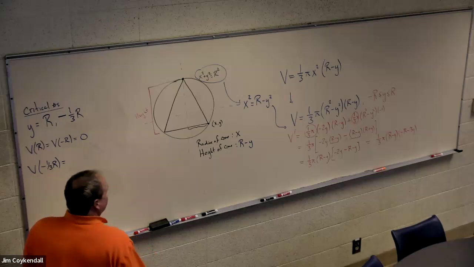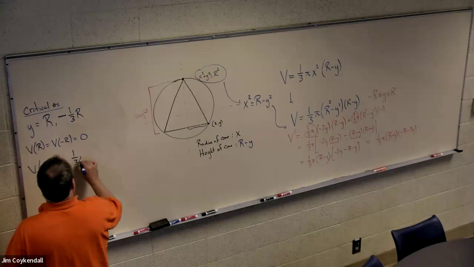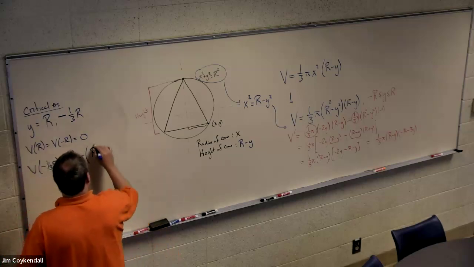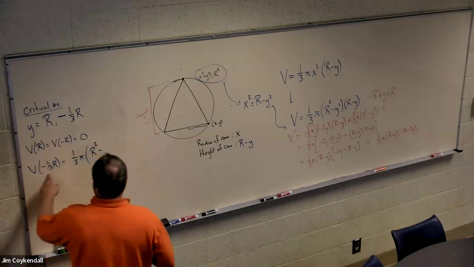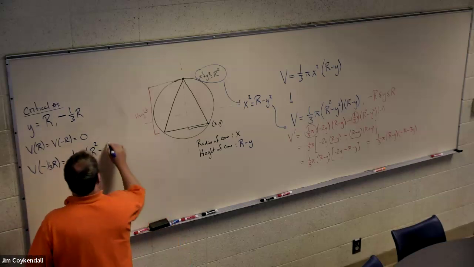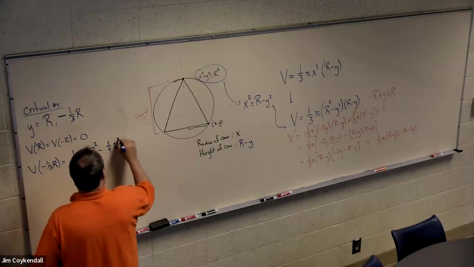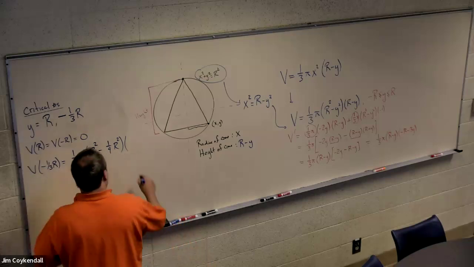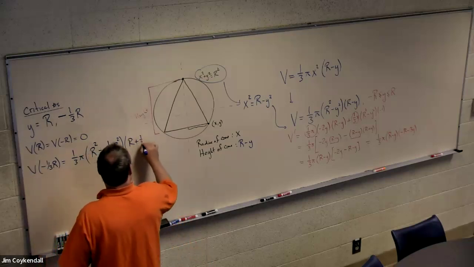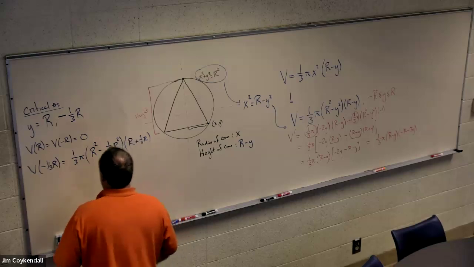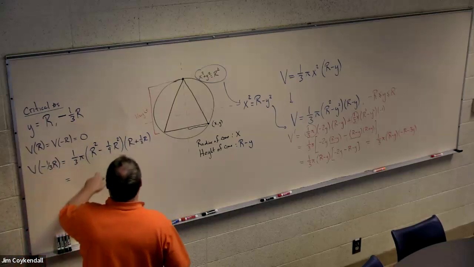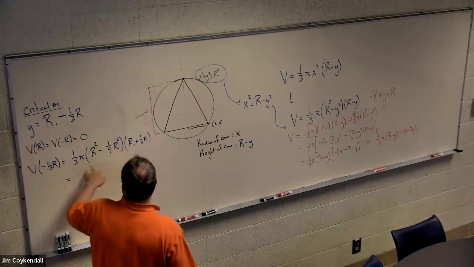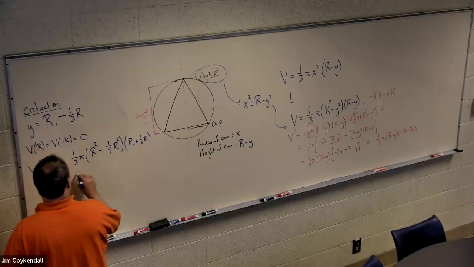So it's going to be 1/3 pi times R squared minus, when I square this, I'm going to get 1/9 R squared. And then I'm going to get R minus minus. So this gives me 8/9 and 4/3 is 32.7, 32.8.